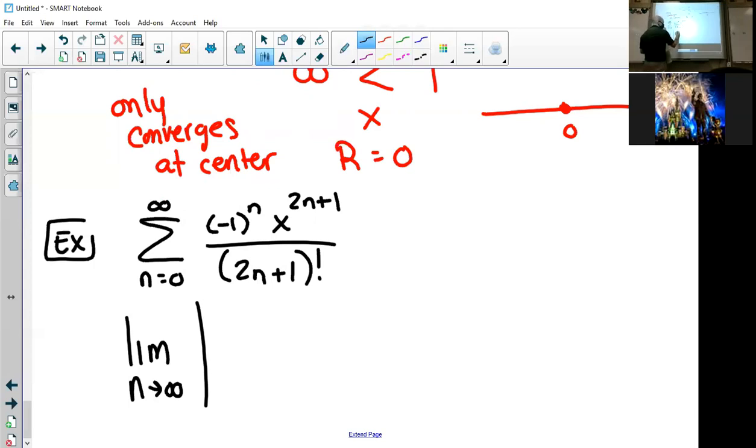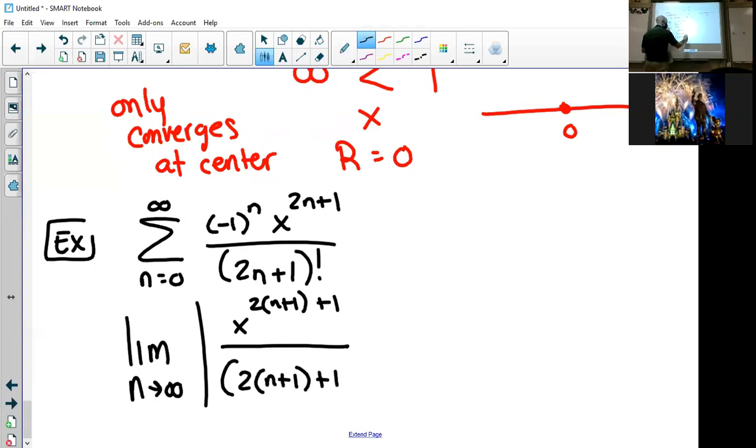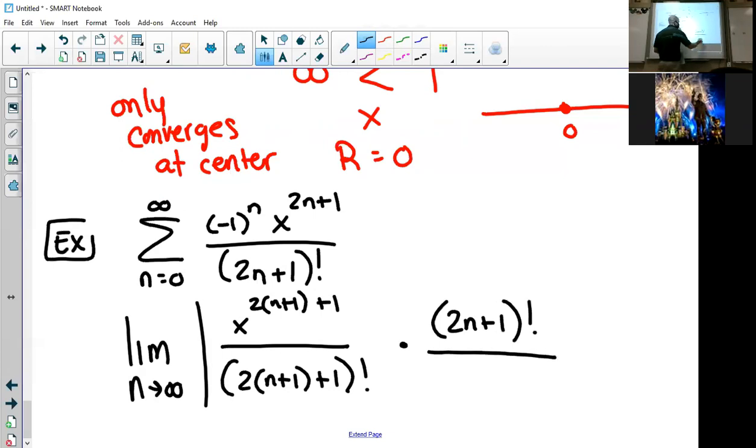So what we're going to have here is x to the 2(n plus 1) plus 1 over (2(n plus 1) plus 1) factorial. Ooh, that's a lot, right? And then we're going to multiply that by the reciprocal. We got a fraction here, so we're going to do this reciprocal: 2n plus 1 factorial over x to the 2n plus 1. And we're solving this for is less than 1.